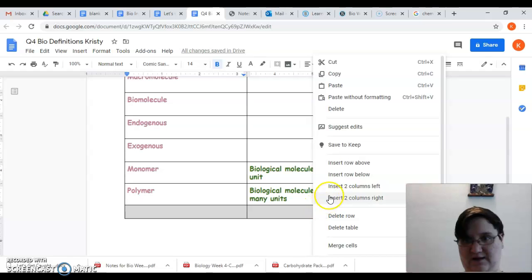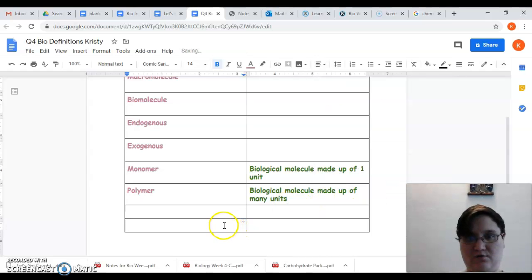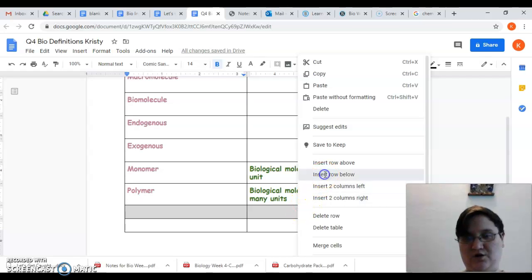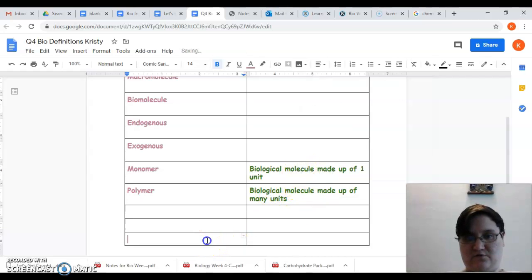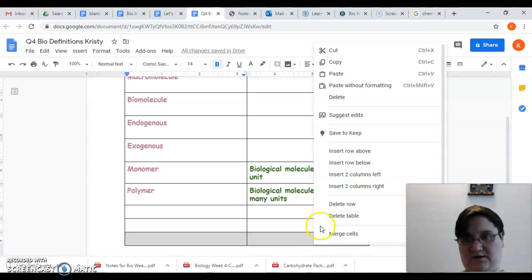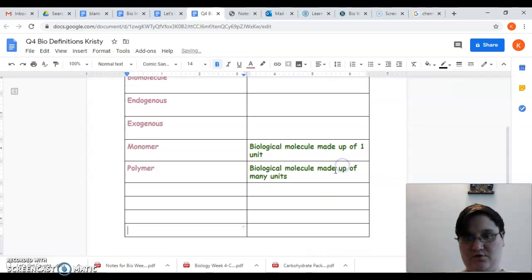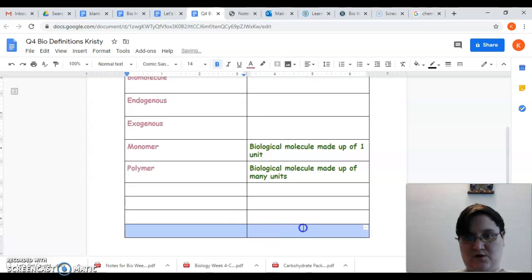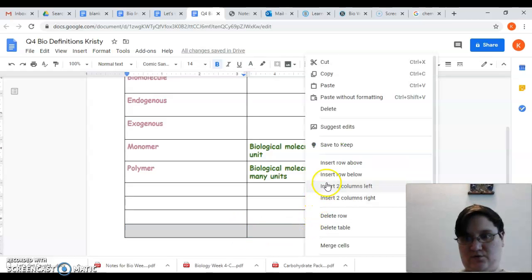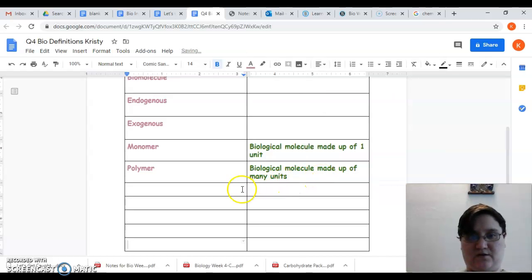So again, right click, insert row below. You do have to highlight it every time though. So scroll over it, right click, insert row below. Alright, cool. So now I've got 1, 2, 3, 4, 5.